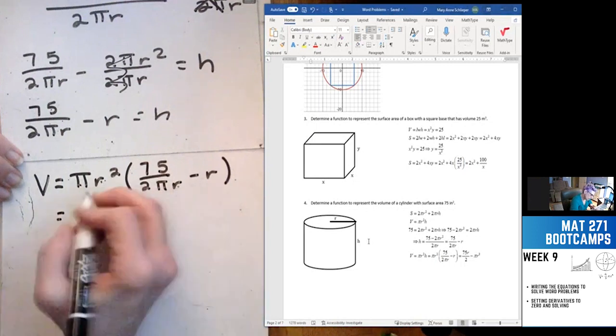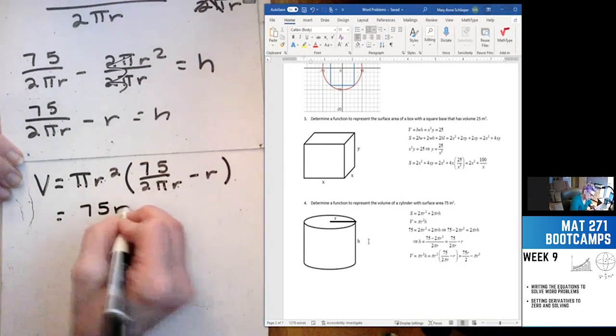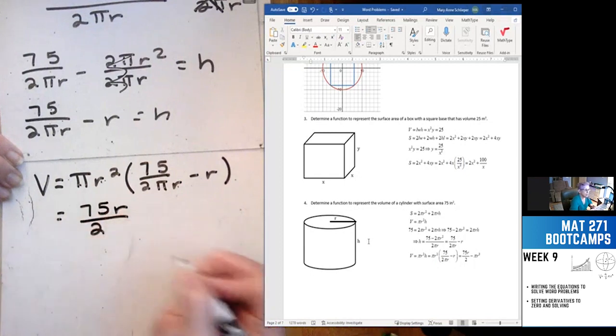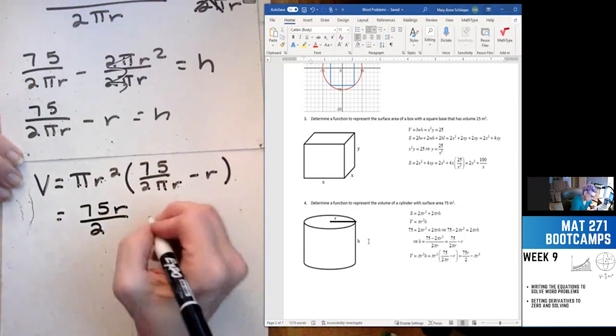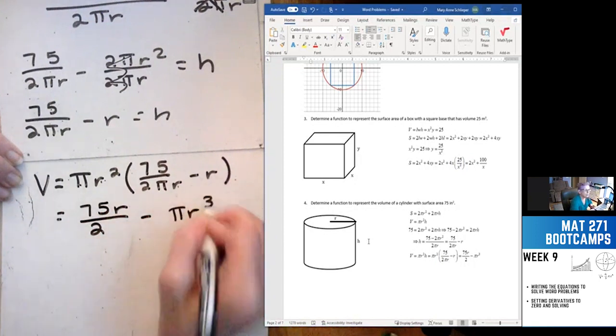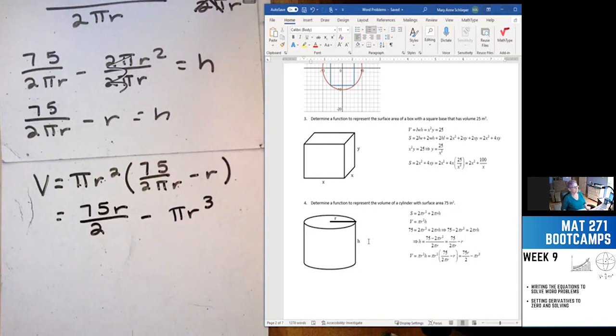R squared leaves me with 75r sitting on top, 2 sitting down below because the pi canceled, minus pi r cubed. And now when you get to the next step, that's something really easy to take the derivative of.